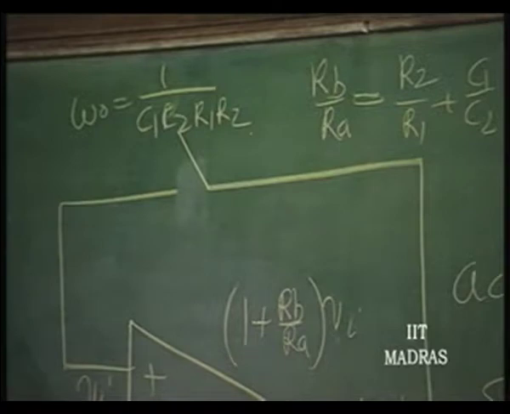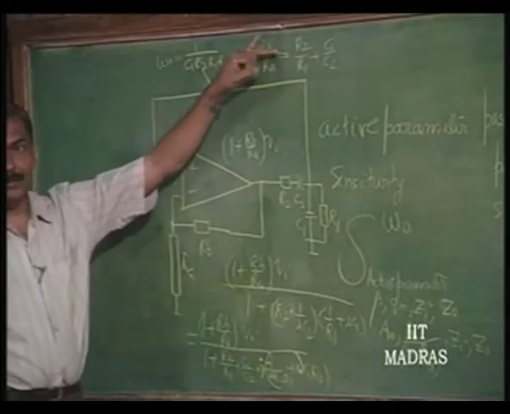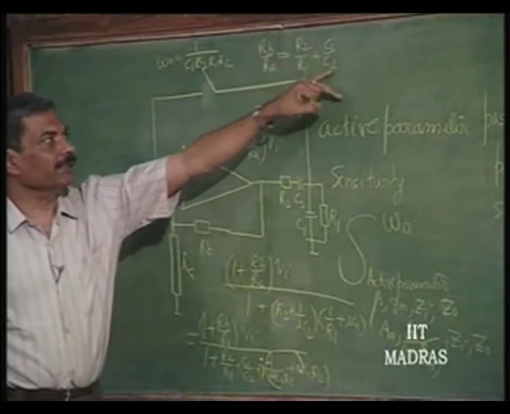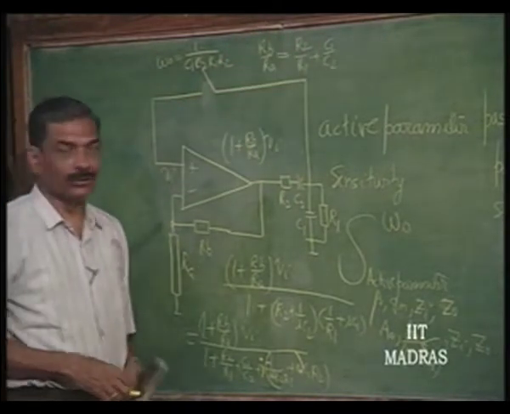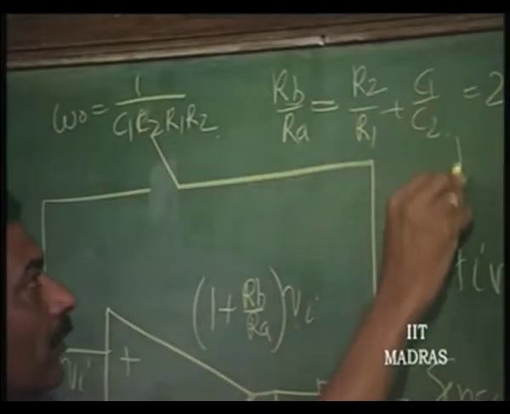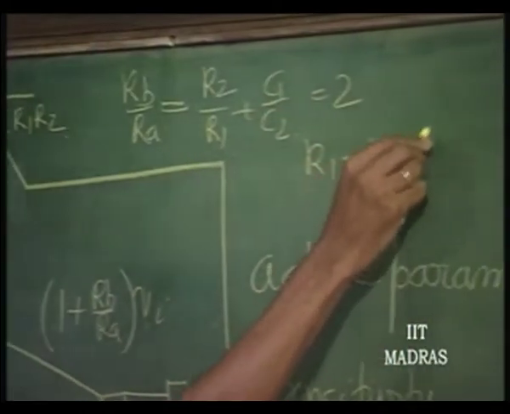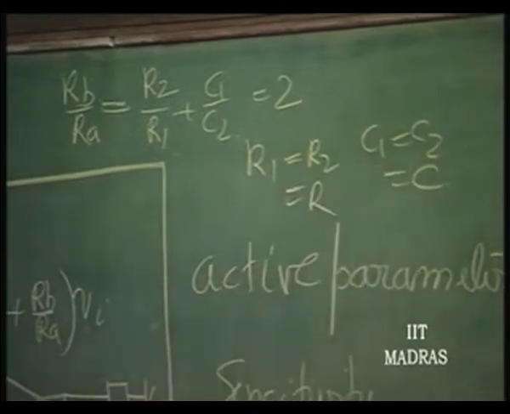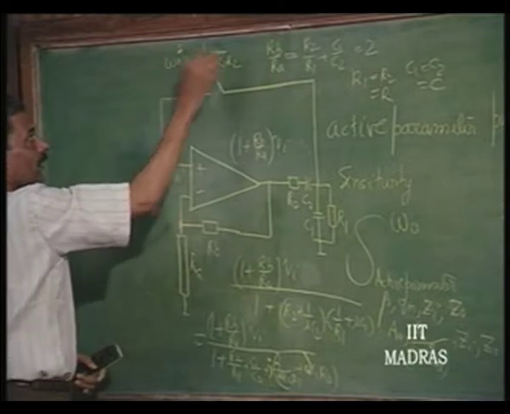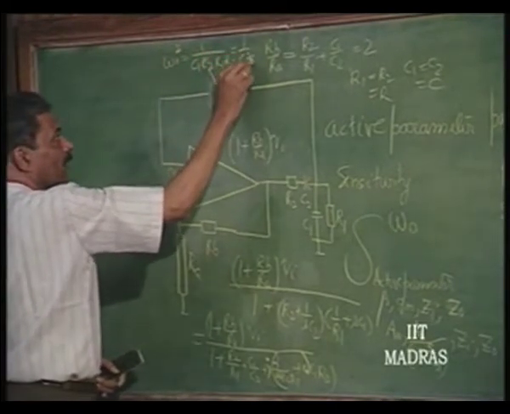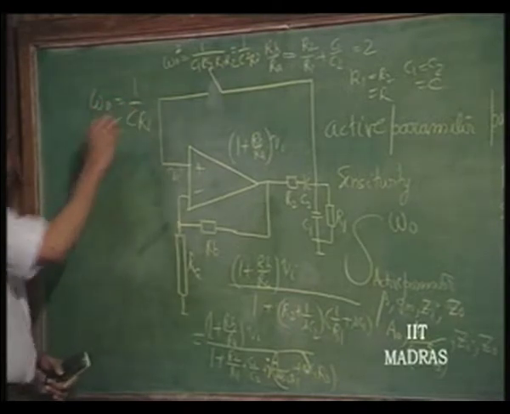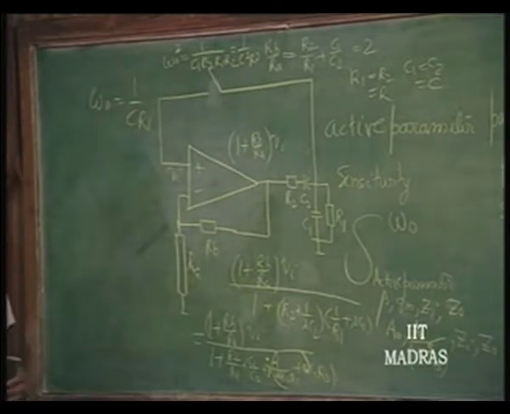You remember this, and we made it all equal: R 2 by R 1 equal to 1, C 1 by C 2 equal to 1, R B by R A equal to 2. When R 1 equals R 2 and C 1 equals C 2, this was R, this was C, and therefore omega naught squared was 1 over C squared R squared. So, omega naught was 1 over C R. I am just repeating this for completion's sake.